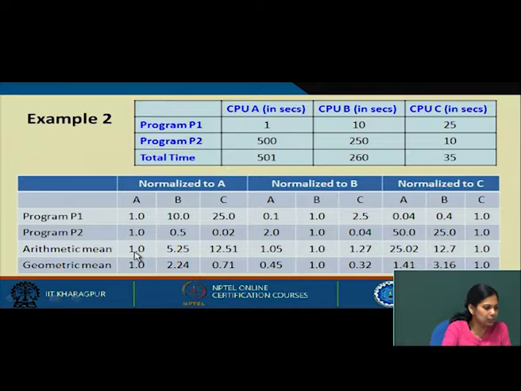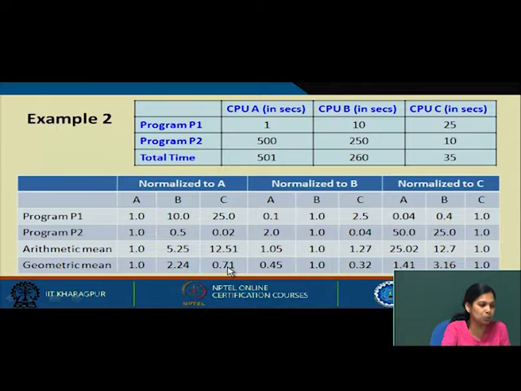Now, see, with the arithmetic mean, we still cannot say which one is better. In this case this is 1, in this case this is 1, and in this case this is 1. So, it is very difficult to come up with a conclusion based on this, but you see the geometric mean.